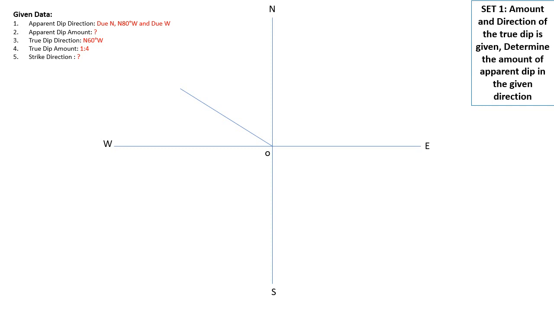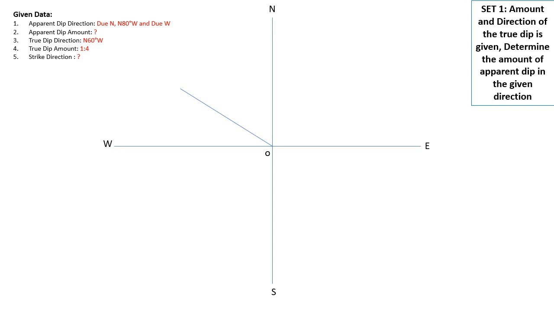From north as 0, we are going to measure 60 degrees towards west: 10, 20 up to 60. Don't go wrong in measuring angles, so measure the angles properly. So north 60 degree west is the true dip direction.